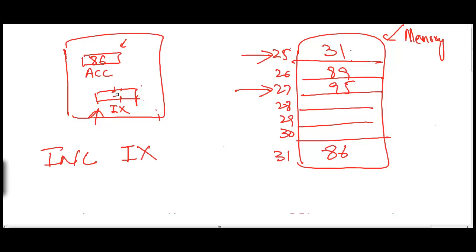When we add 1 to it, it becomes 5. If we have this command increment accumulator, this is going to increment the contents of the accumulator. If the value already existing in the accumulator is 86, when this instruction is executed, then this value becomes 87. So this value is incremented by 1.